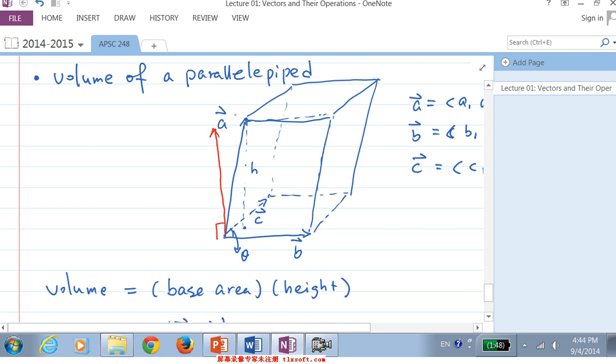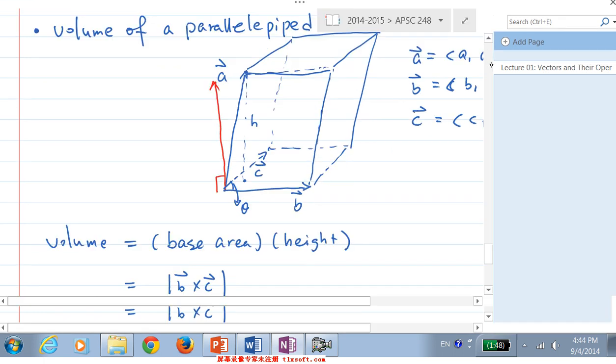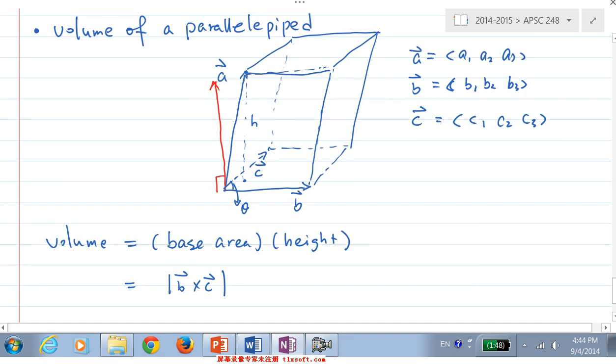So let's find the information one by one. First of all, you have to construct this vertical vector. How do we get that vertical vector? A handy candidate is B cross C. This is a vector, not a direction yet.